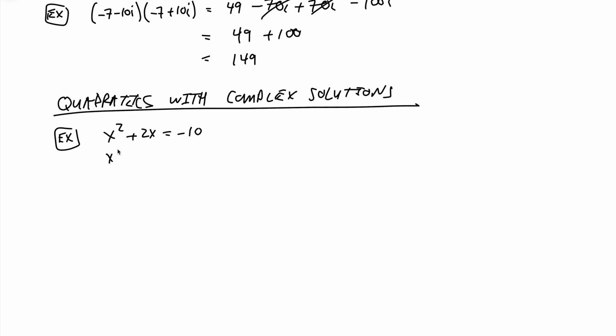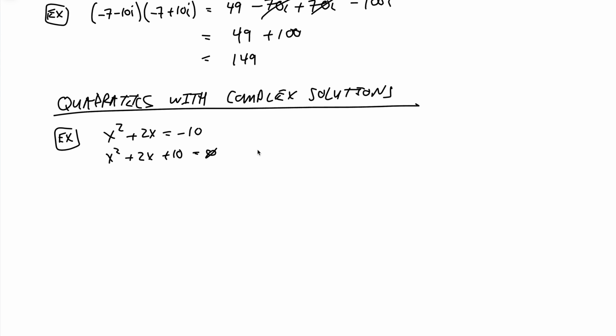What do we get? Well, x squared plus 2x plus 10 equals 0. Remember, we want it to be equal to 0 when we set this up using the quadratic formula or really any other technique you're going to do. Here, I don't know if this is going to factor perfectly. I have a feeling not.